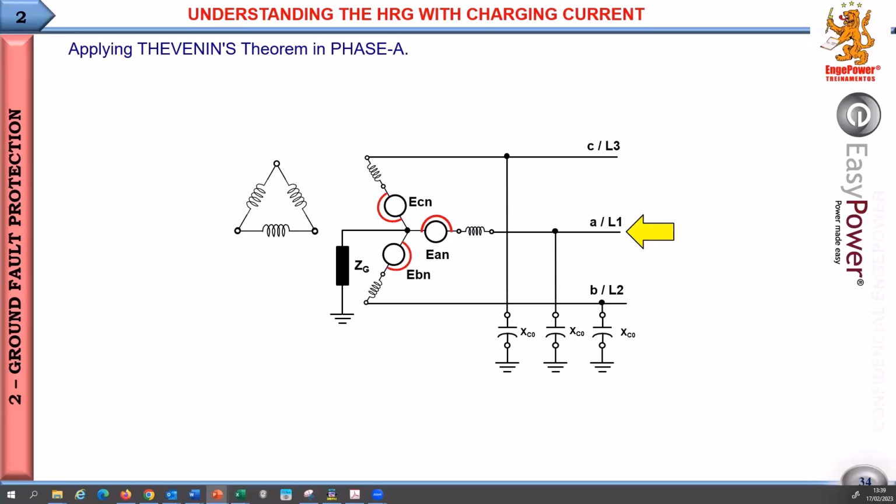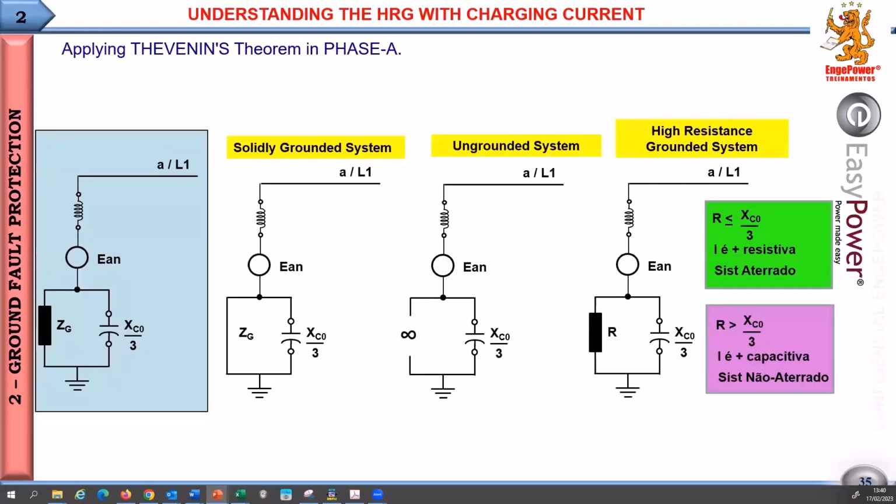So we can bring it to the neutral. This one, the same. This one, the same. So this three-phase circuit here can be written as a single phase circuit, just like this one on the left here. And this circuit is very, very important because this figure can show you when X0 is important or not, when X0 takes effect or not.